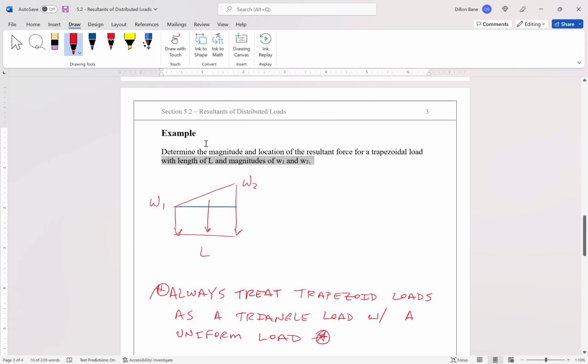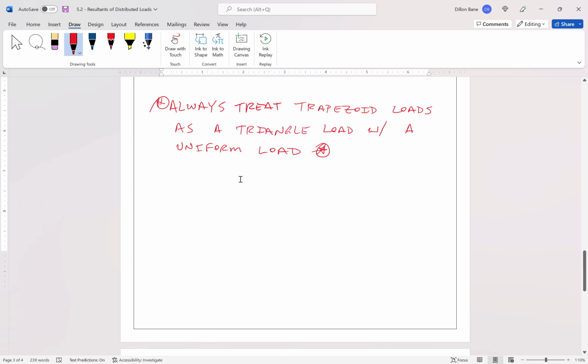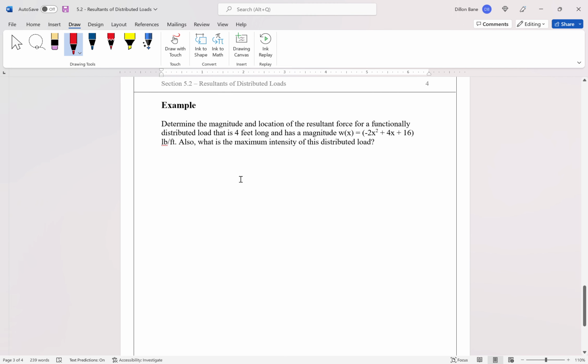But I feel like I wouldn't be doing you guys justice if we didn't do at least one example with some numbers in it, of maybe something just a little bit more complicated. So let's imagine we have this load, okay?